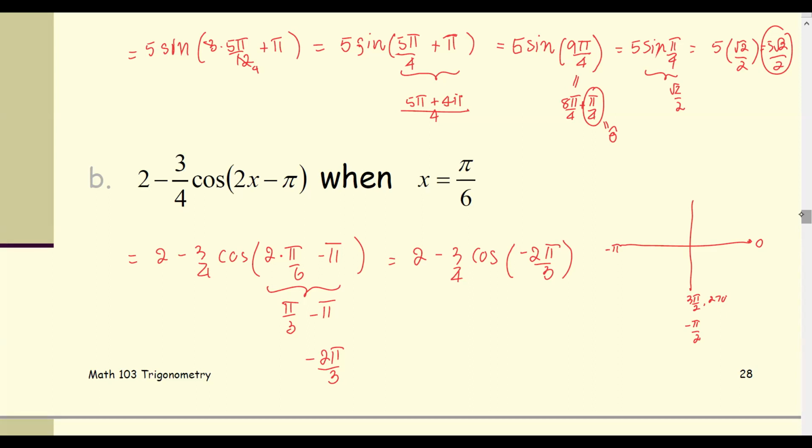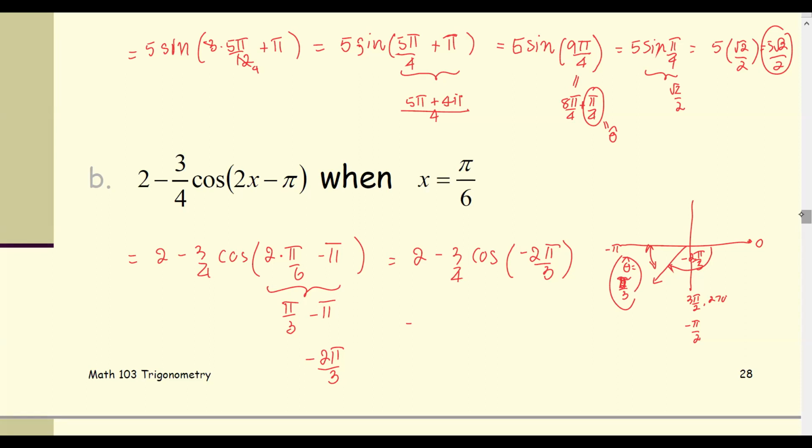The negative 2 pi over 3 is beyond negative pi over 2 and terminates in the third quadrant. Therefore, the reference angle, or theta hat, is the difference of the closest x-axis and the terminal side, which is pi over 3. So the reference angle is pi over 3.